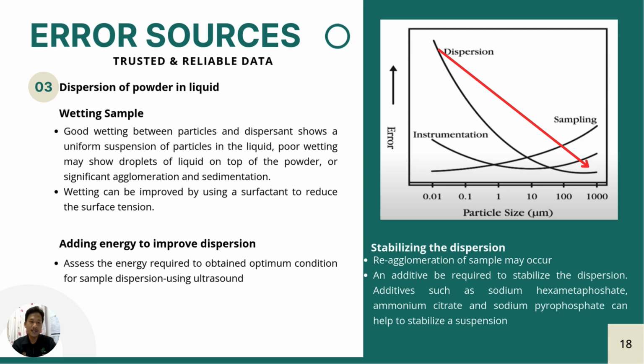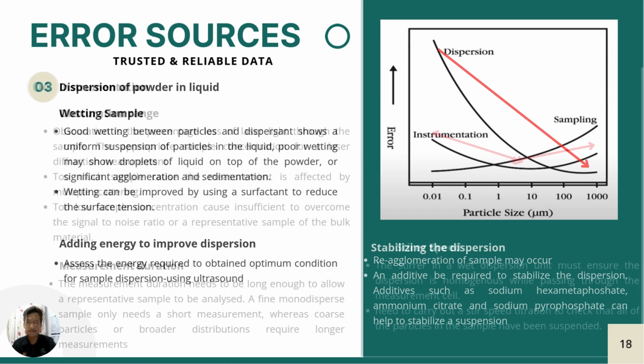Adding energy will improve the dispersion of the sample in the dispersion. And then, when stabilizing the dispersion, re-agglomeration of the sample may occur. An additive may be required to stabilize the dispersion. Additives such as sodium hexametaphosphate, ammonium citrate, and sodium pyrophosphate can help to stabilize the suspension.